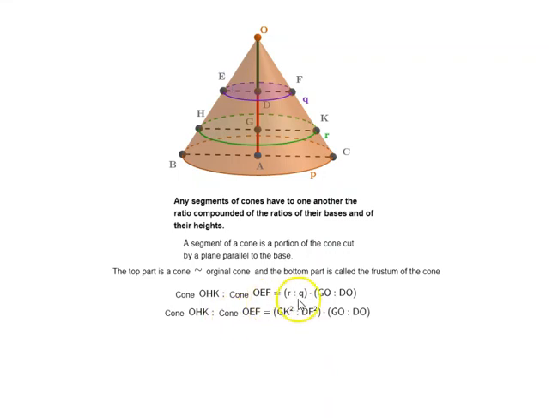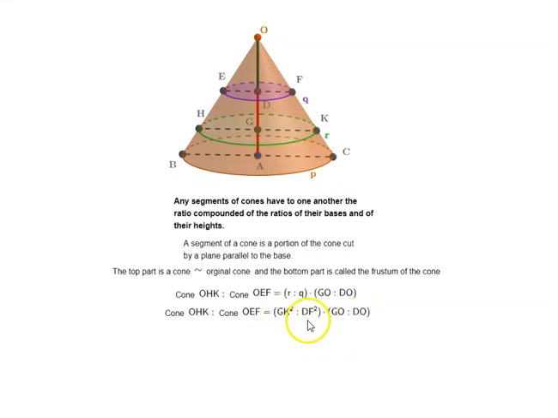Again, R is to Q, that is circle is to circle, is nothing but the duplicate ratio of the radii. So GK square is to DF square. So we have shown that the segments of the cone have to each other a ratio compounded of the ratios of their bases and of their heights.